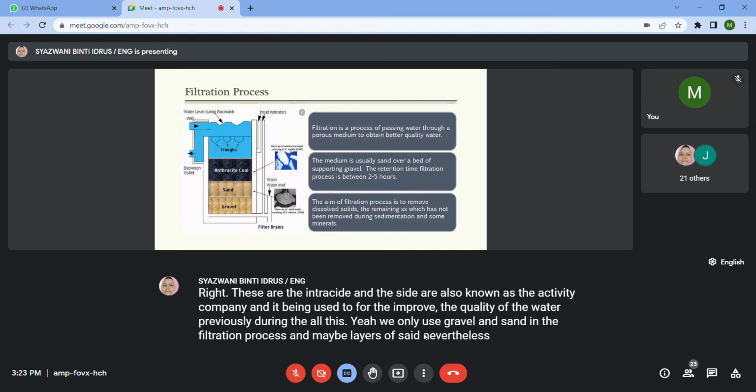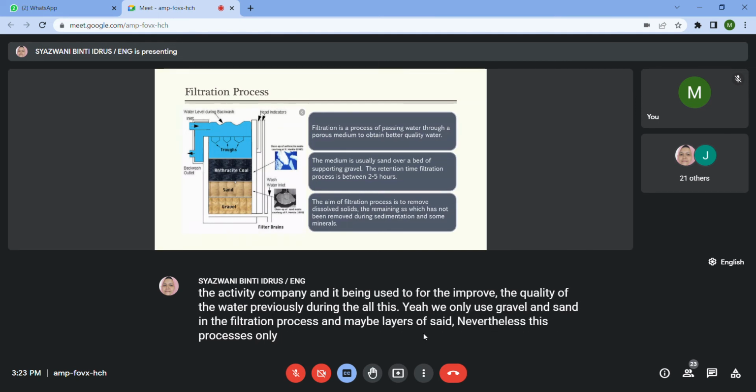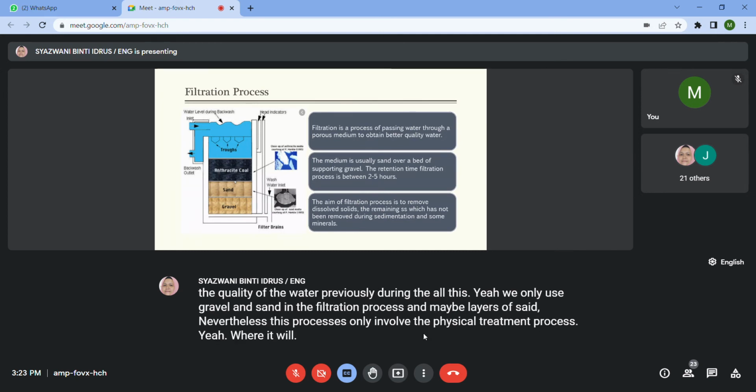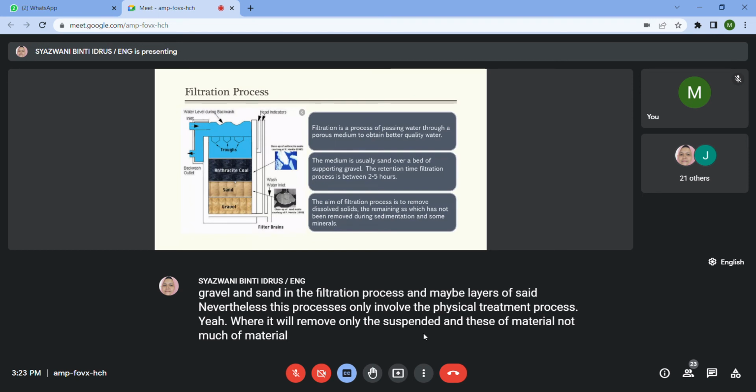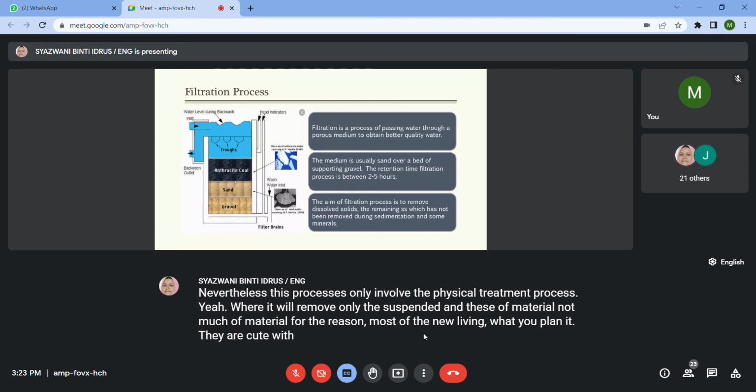Nevertheless, these processes only involve physical treatment, removing only the suspended and not much dissolved material. For that reason, most newly developed water treatment plants are equipped with another layer of media, which is known as adsorbent.